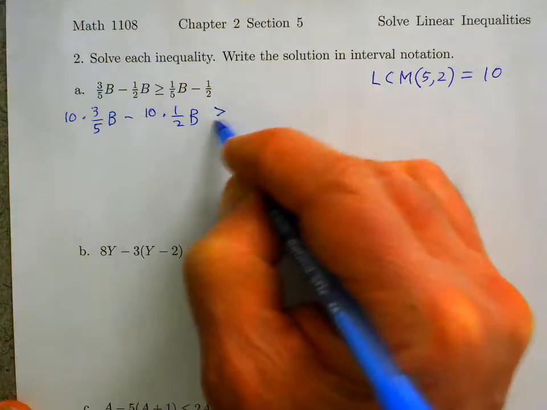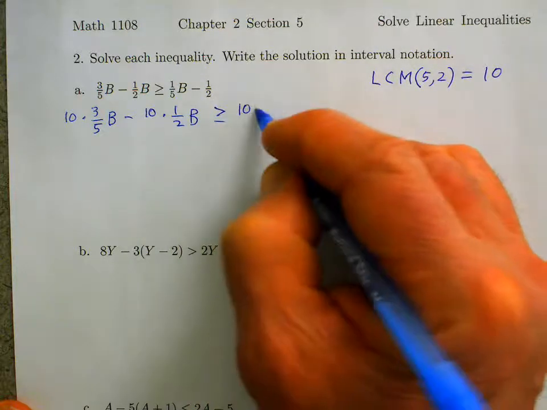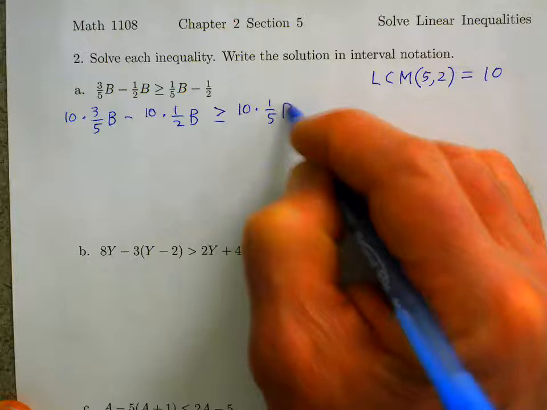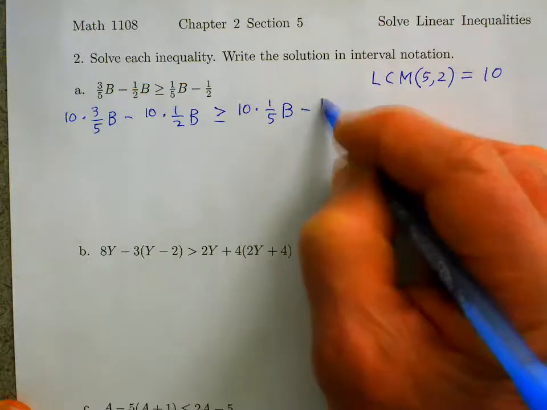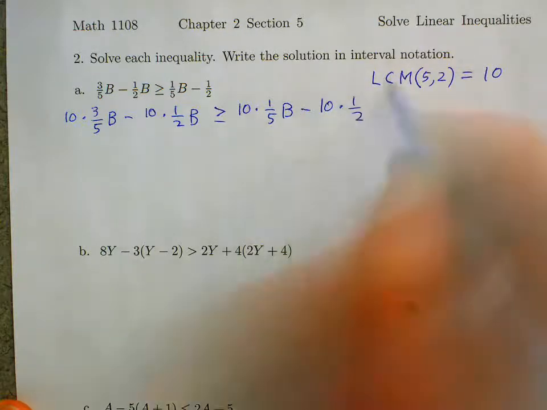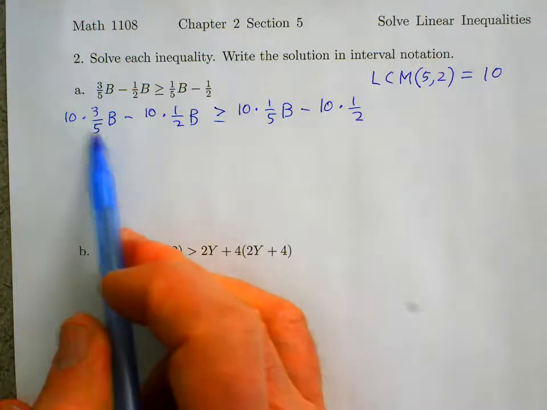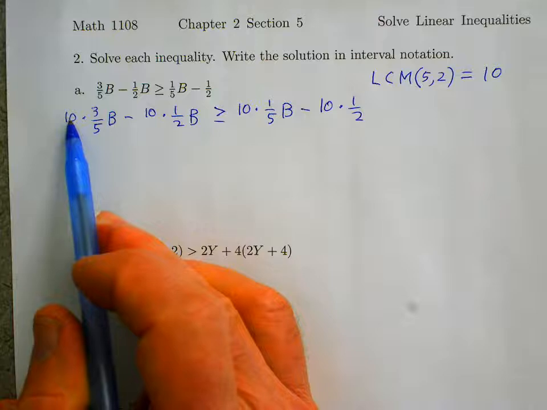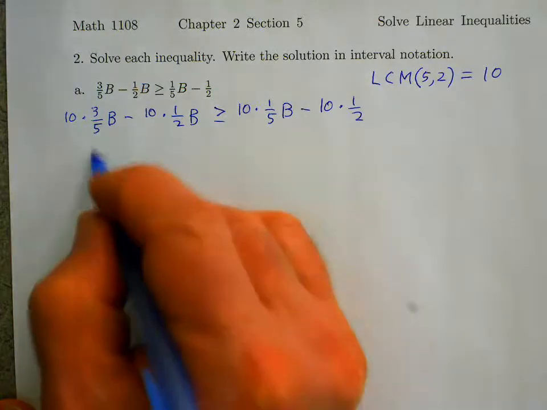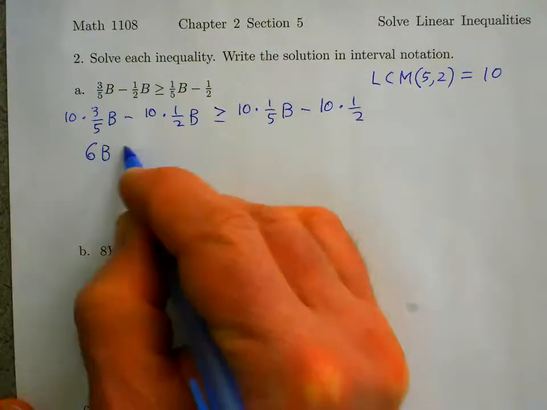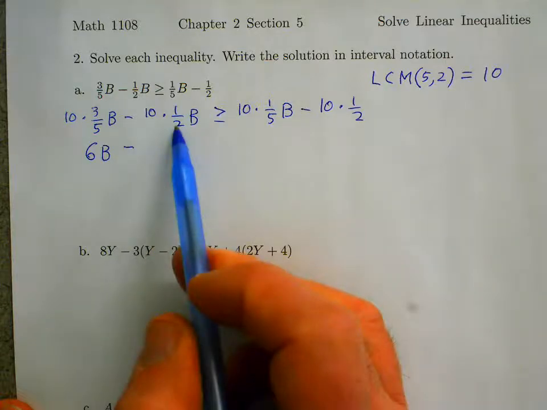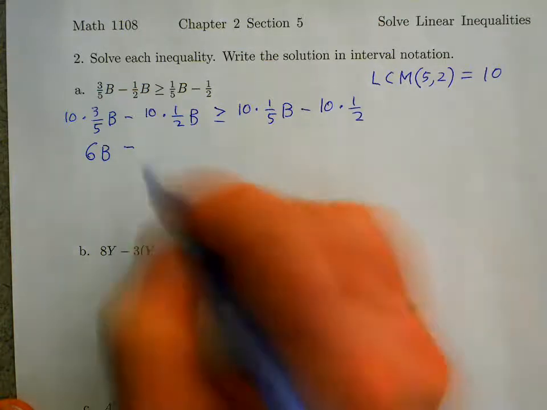So multiply every term on both sides by 10 first. So 10 times 3/5, 5 goes into 5 once and into 10 twice. So 2 times 3b is 6b. And then 10 times 1/2 times b is minus 5b.